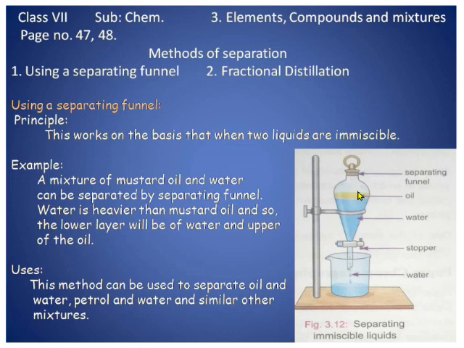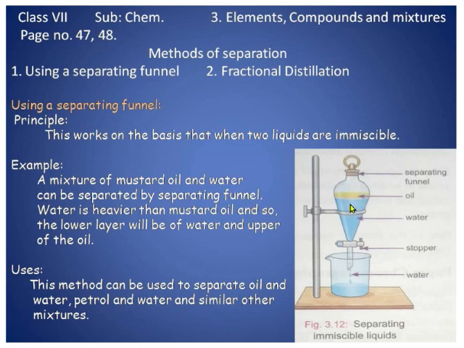This type of mixtures, when the liquids are immiscible, then the separating funnel is used to separate the liquids. Let us understand this with an example. A mixture of mustard oil and water can be separated by a separating funnel.